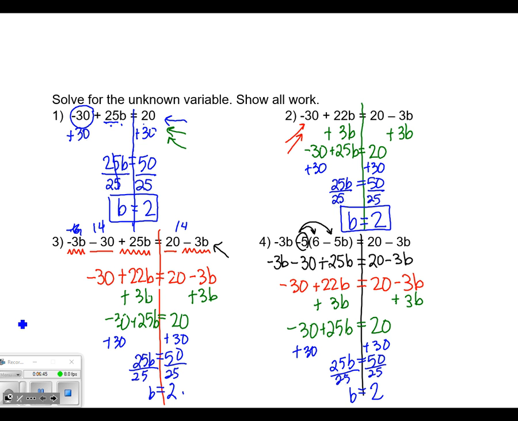And I'm going to guess this same thing is going to happen over here. Negative 3b, that's going to be negative 6. And then I'm going to have 6 minus 5 times b. So 6 minus 10, that's negative 4 times negative 5 is plus 20. That's going to be 14. And I know that this is 14. So this is the correct answer.